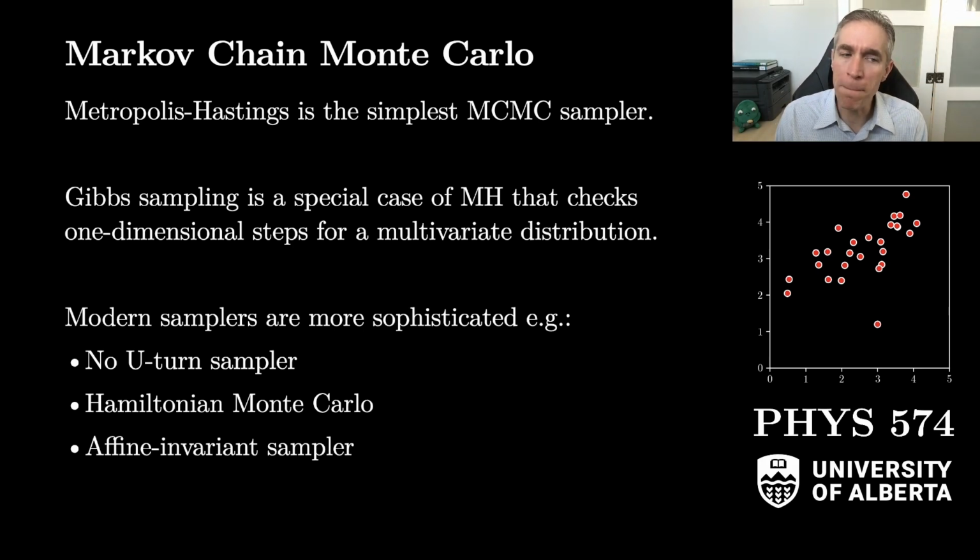There's a lot more modern samplers. I think the most common ones these days are the no U-turn sampler and the Hamiltonian Monte Carlo samplers, both of which are kind of leveraging functional optimization space ideas.